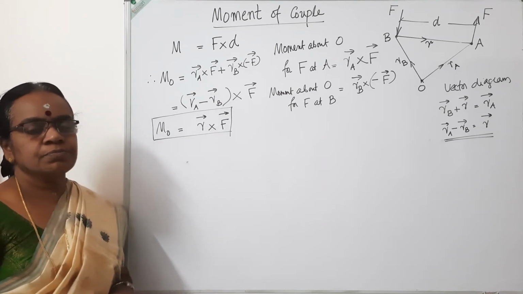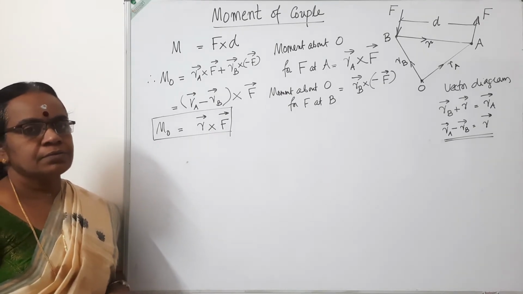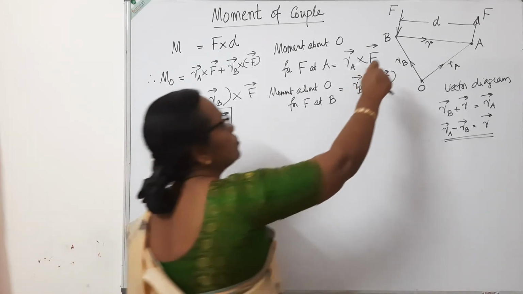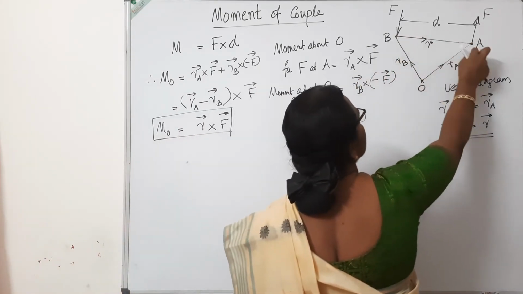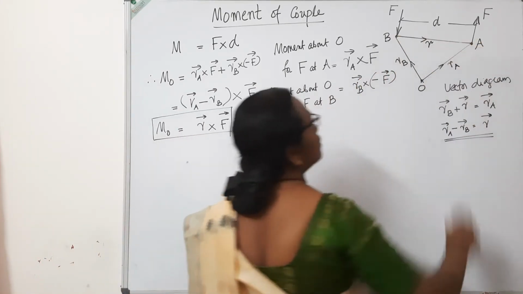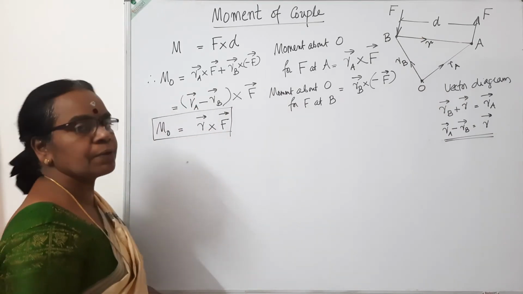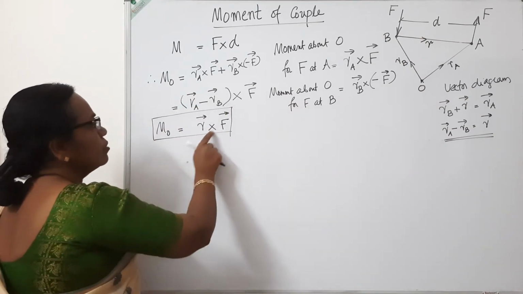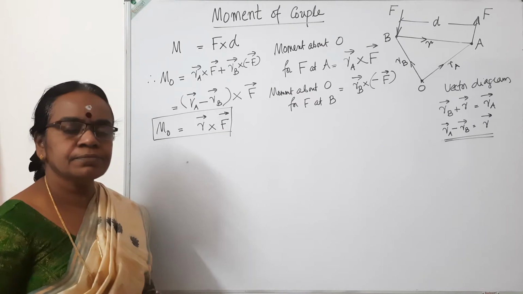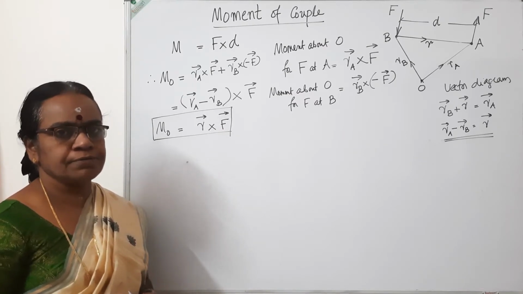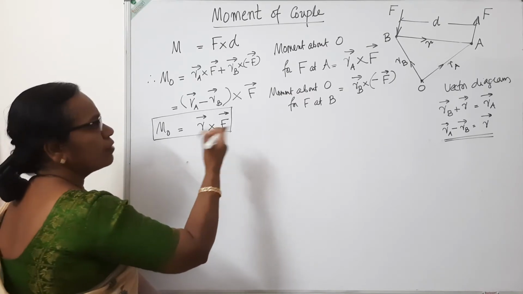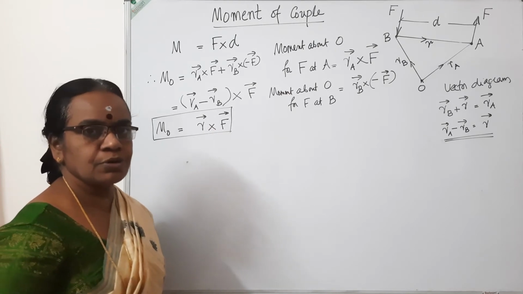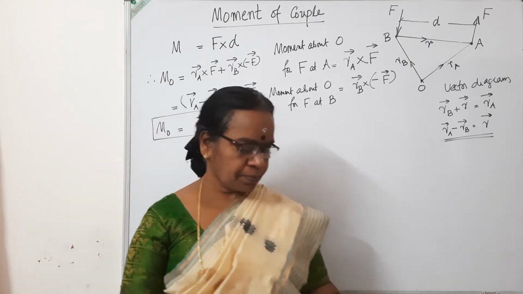So the moment of a couple is nothing but the position vector between B and A, the points of application of the forces, cross the force F, R cross F. So let us have a numerical example based on this. I will read the question.